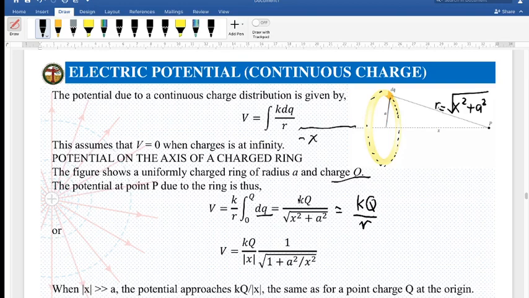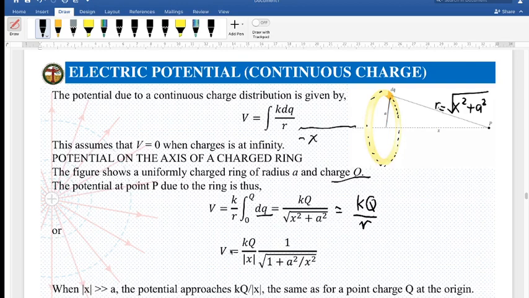Now, it is best to find the potential of the ring charge when P is very, very large compared to the radius of the ring, and see if it coincides with our prediction that the ring becomes a point charge.